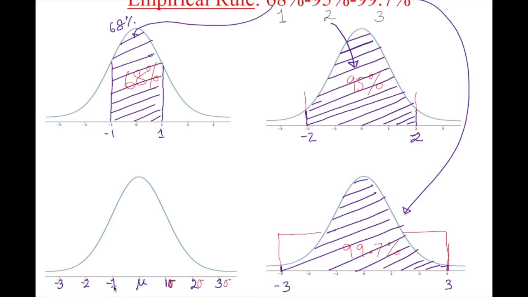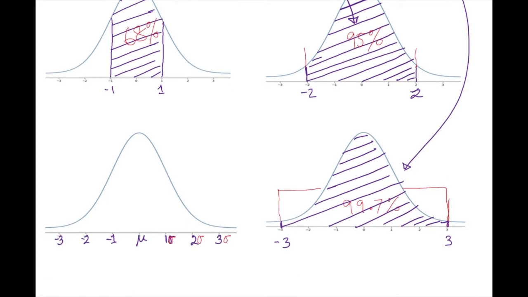On the right side, this point is the mean. I want to reiterate: this one is mean plus 1 standard deviation, this one is mean plus 2 standard deviations, and this one is mean plus 3 standard deviations.